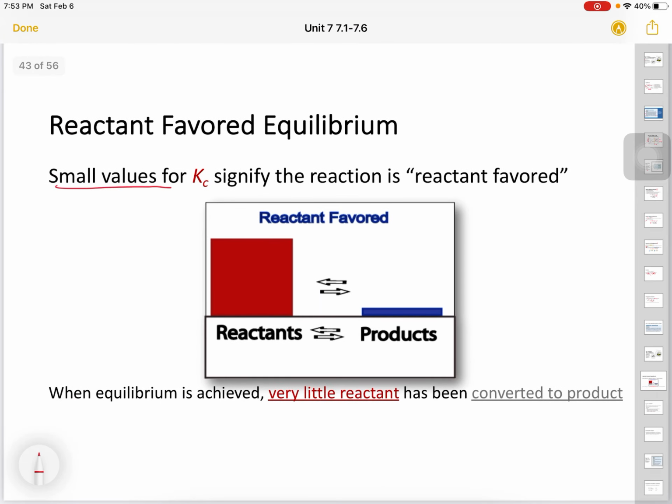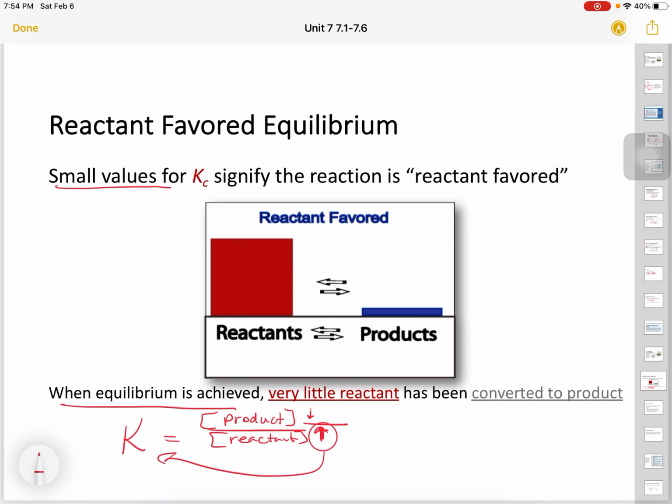Conversely, if I have a small value for K, that signifies that when equilibrium is reached, there hasn't been a large conversion of reactants to products. So again, think of it in terms of how K is calculated. If I have concentration of product over concentration of reactant, and at equilibrium, I don't have a lot of product, but I do have a lot of reactant, my denominator is quite large, that will lead me to a smaller K value.